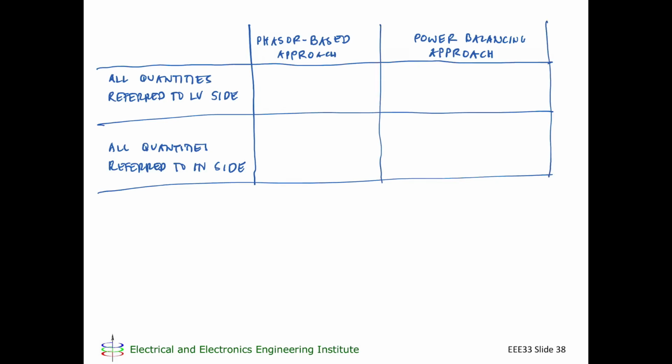Clearly, there are four possible combinations. What we did in our first approach was all quantities were referred to the low voltage side and we used power balancing. What we did in the second approach was all quantities referred to the high voltage side, and we used a phasor-based approach. But clearly, you could have done this approach or you could have done this approach.